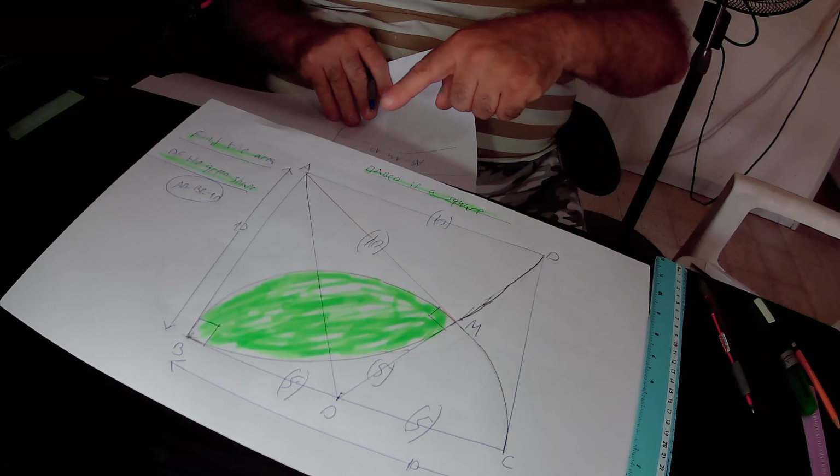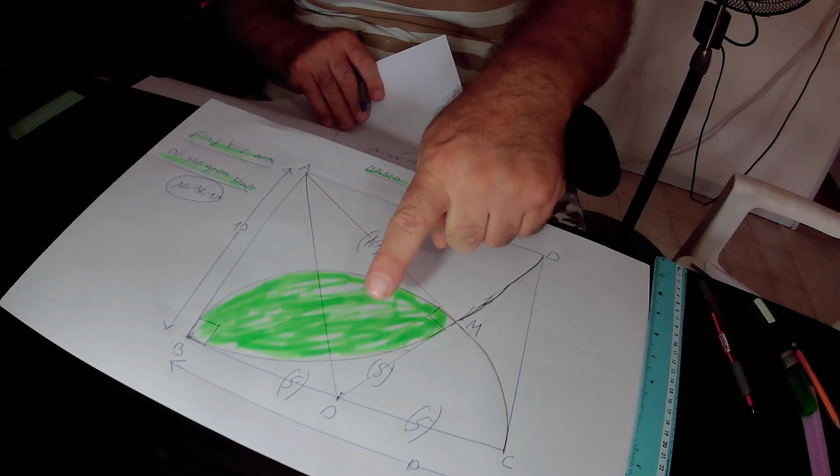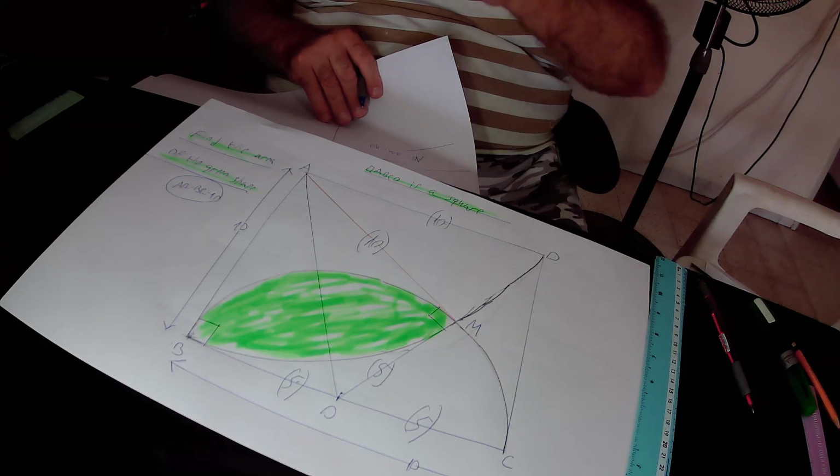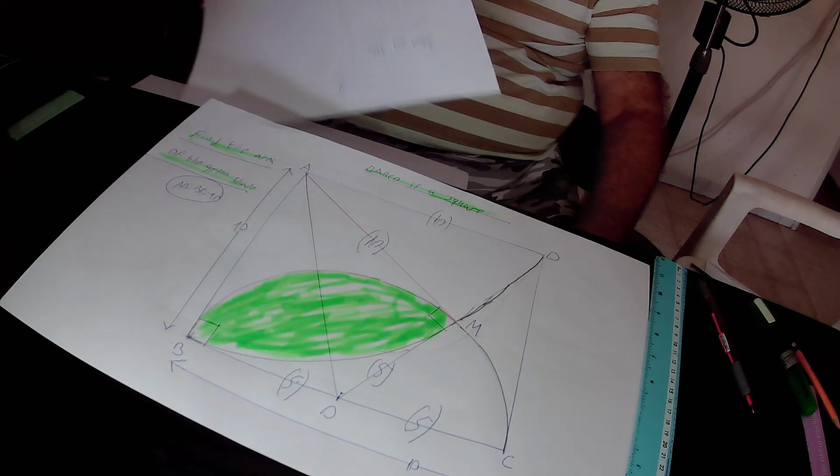And finally, this is side AO, a common side that belongs to both triangles, so we can write down that AO equals itself, a common side that belongs to both triangles.